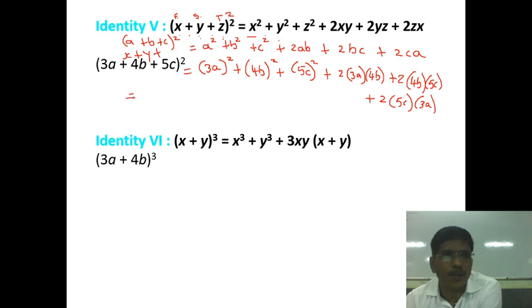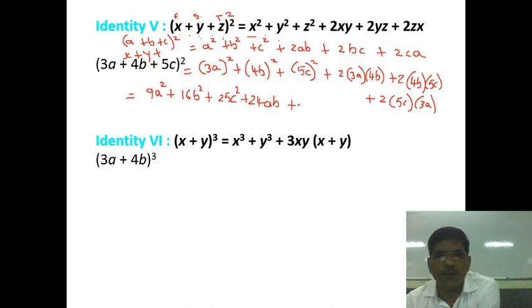Now here 3 square is 9a square, 4 square is 16b square, 5 square is 25c square, plus now 3 twos are 6, 6 fours are 24ab, plus 4 twos are 8, 8 fives are 40, so 40bc, plus 5 twos are 10, 10 threes are 30ca.